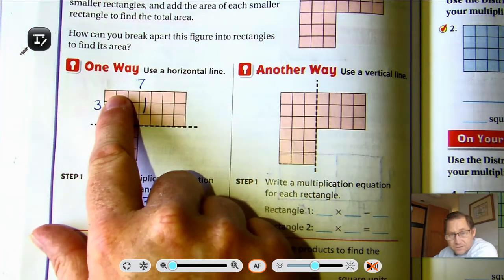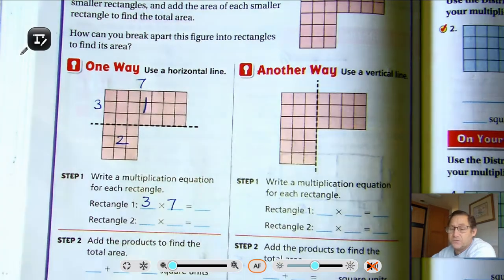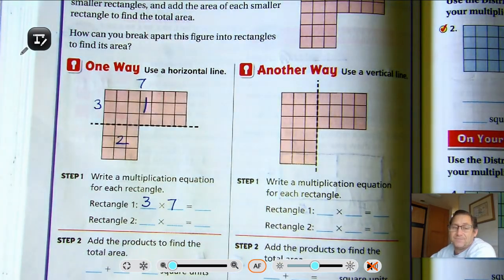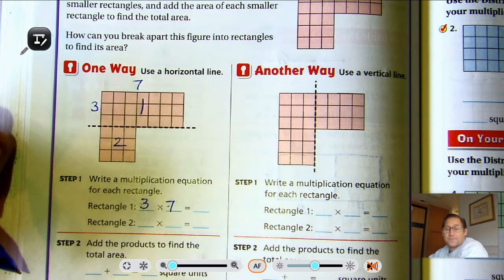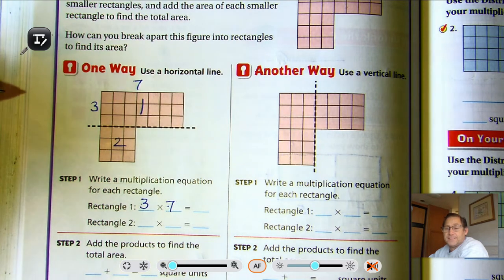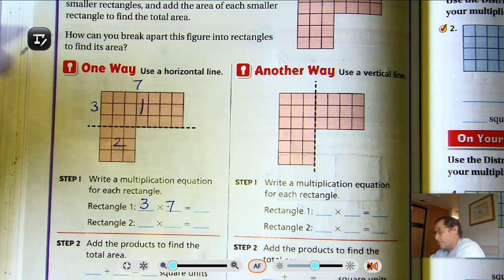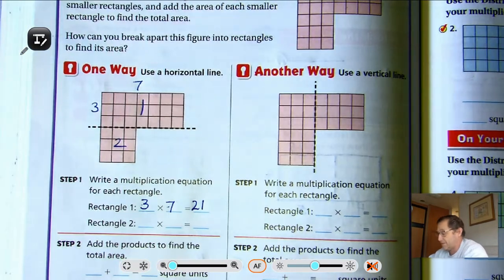You could count each of those squares. But we shouldn't have to. We should be able to do 3 times 7. 7 plus 7 is 14. 14 plus 7, 21. So 21 square units.